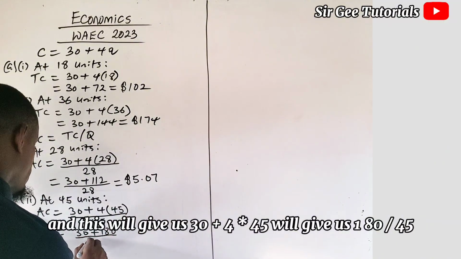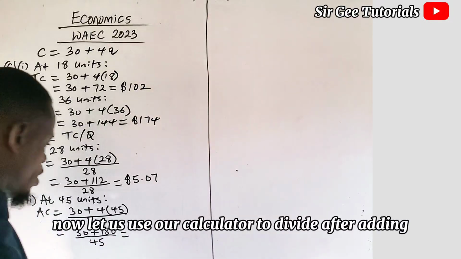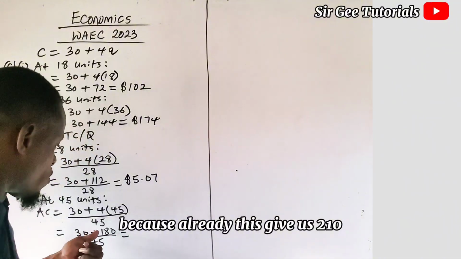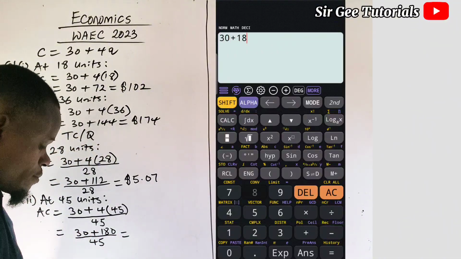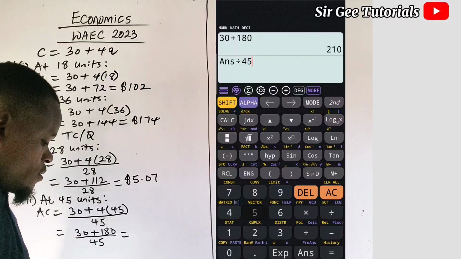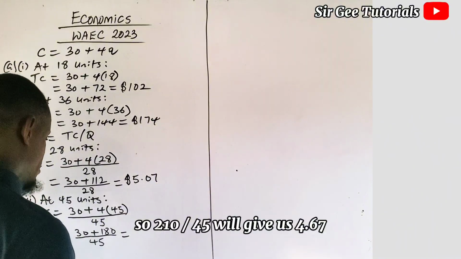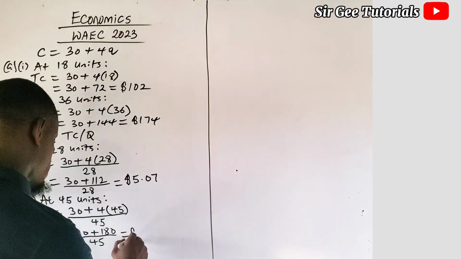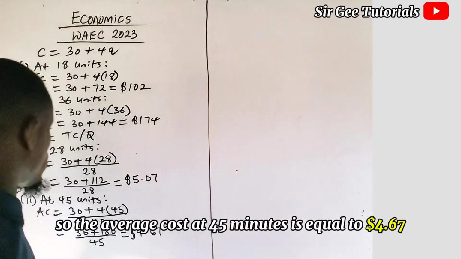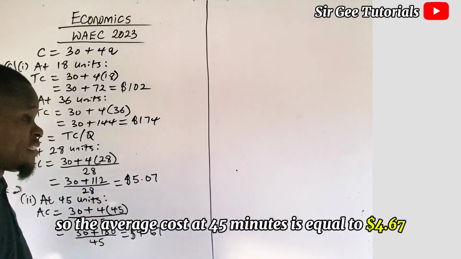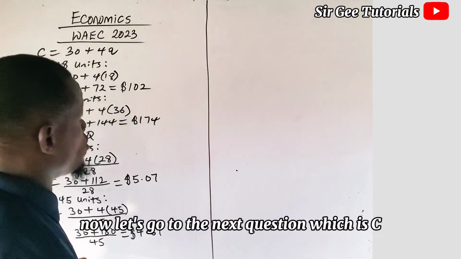Now let us use our calculator to divide after adding, because already this will give us 210. So 210 divided by 45 will give us 4.67. So the average cost at 45 units is equal to $4.67. Now let's go to the next question, which is C.